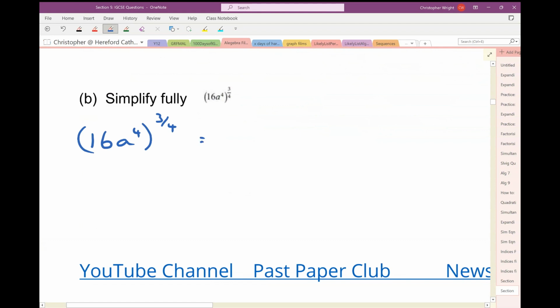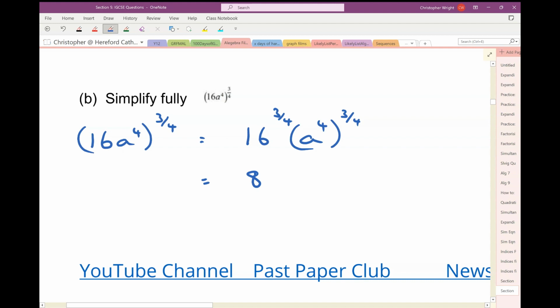So what I'm going to have is 16 to the power of 3 quarters multiplied by a to the 4 to the power of 3 quarters. Right, well, 16 to the power of 3 quarters, that's the 4th root of 16, which is 2, cubed, which gives me 8. Or you could, in your calculator, have simply typed in 16 to the power of 3 quarters and seen what you got.